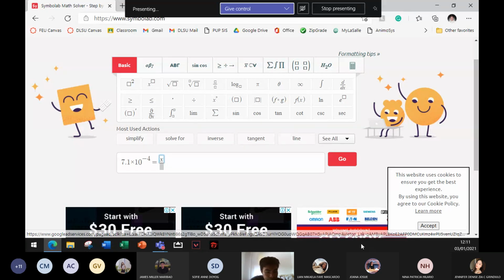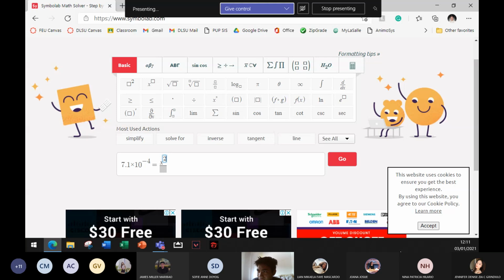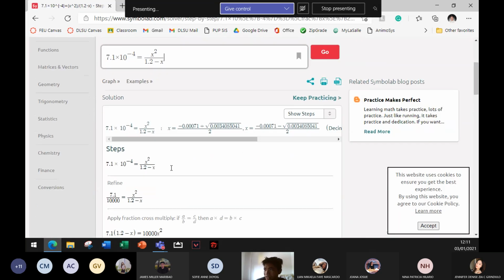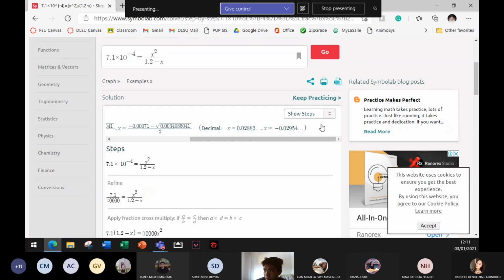X squared. Then yung nasa denominator ay 1.2 minus x. Pwede ito na yung mag-solve ng value ng x. Ayan. Papakita nyo sa yung x values, which are 0.03 and negative 0.03.